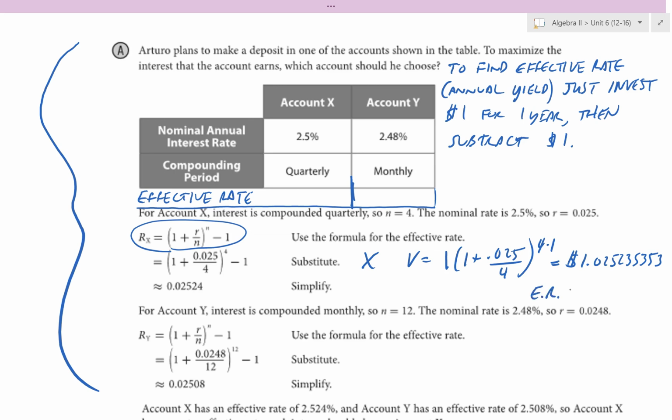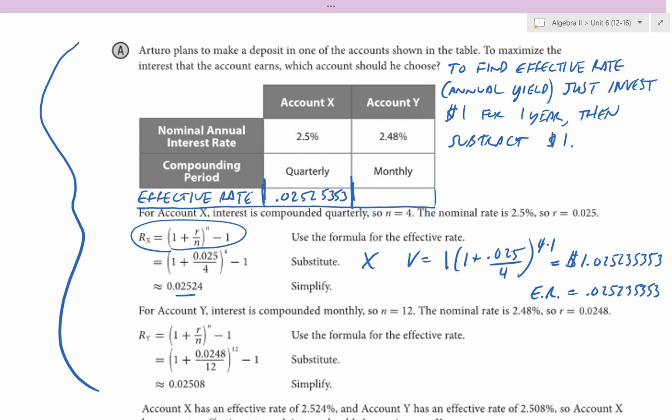Your effective rate is 0.025235353. So that's for account X.